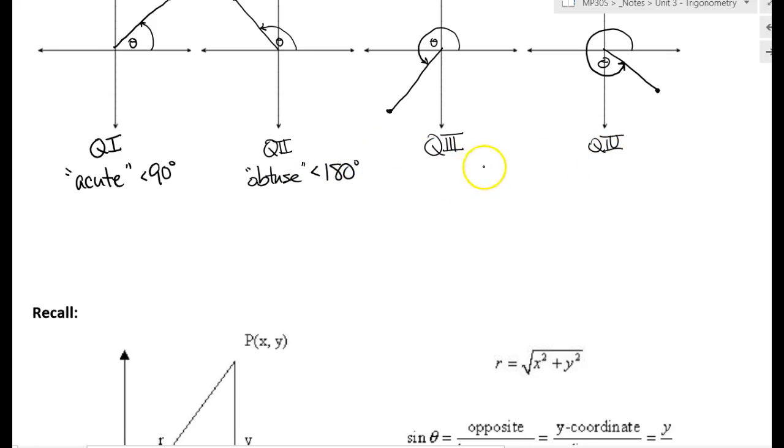But in quadrant 3 and quadrant 4, we actually call these angles reflex angles, because they are greater than 180 but also less than 360. And 360 is our full circle. So that's for quadrant 3 and quadrant 4.